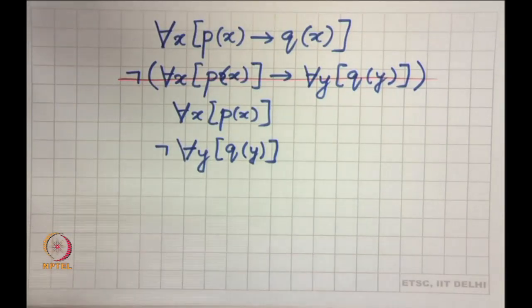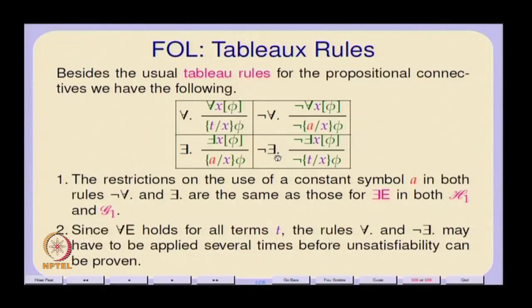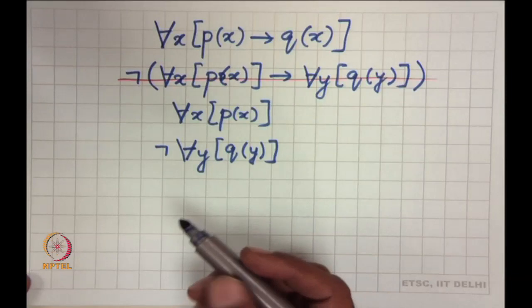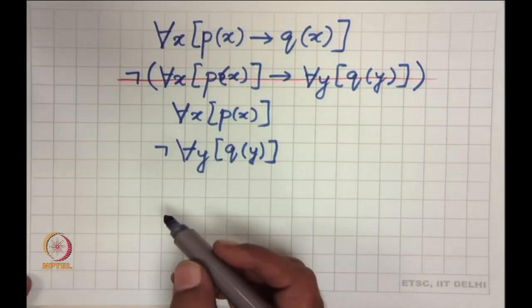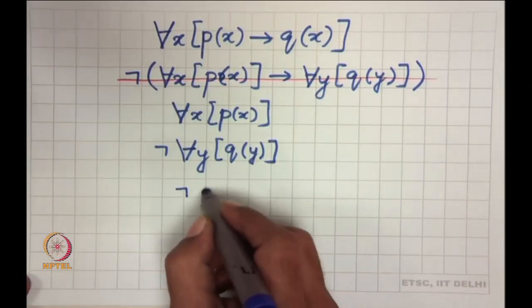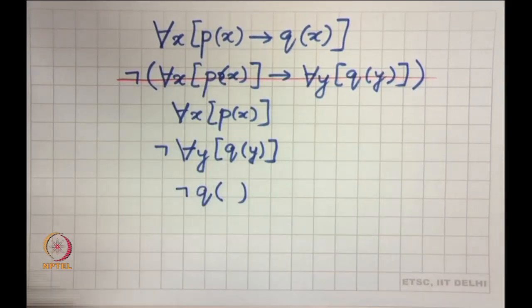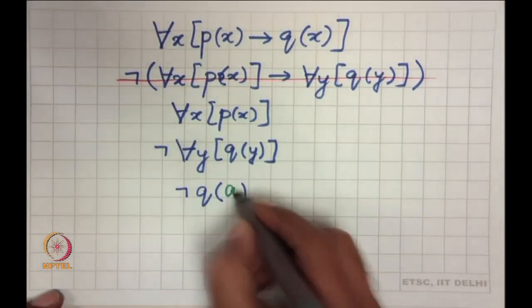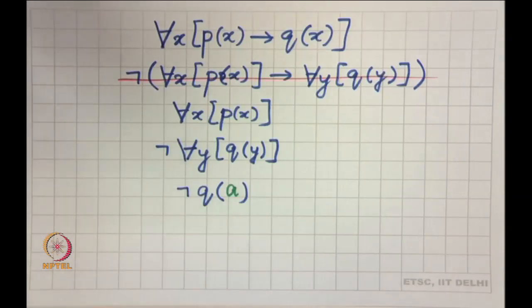If you instantiate this, then what you get is essentially a fresh constant A. You are going to use a fresh constant A, and I am going to write it simply as not q of A. I'll use a green for the A. So this is a new fresh constant, and this is what I would get, right?